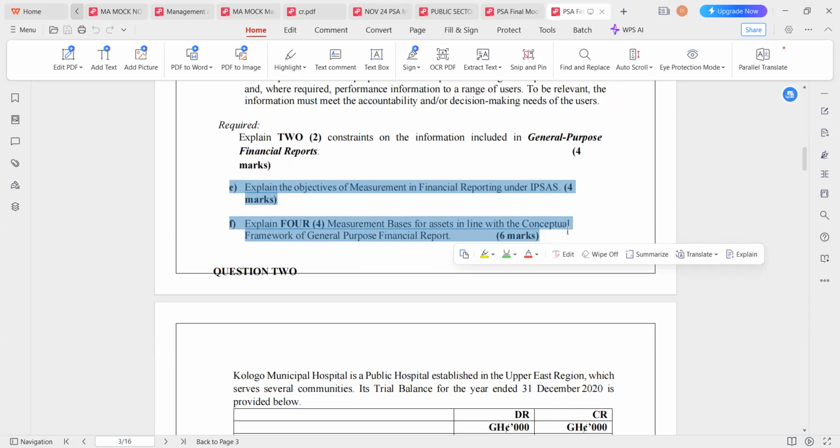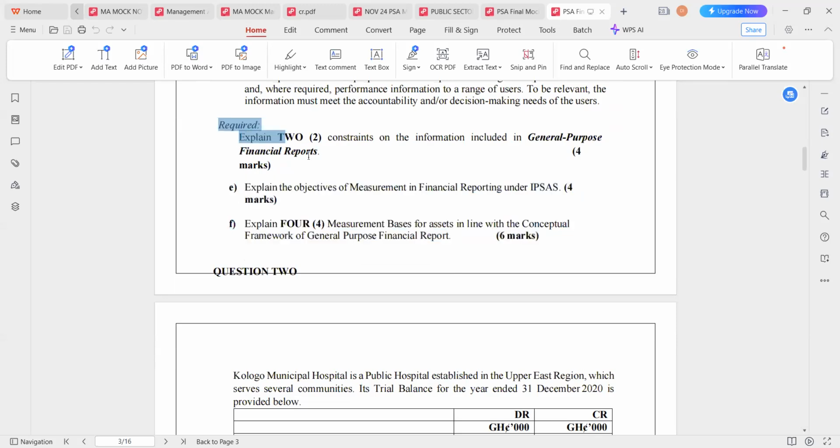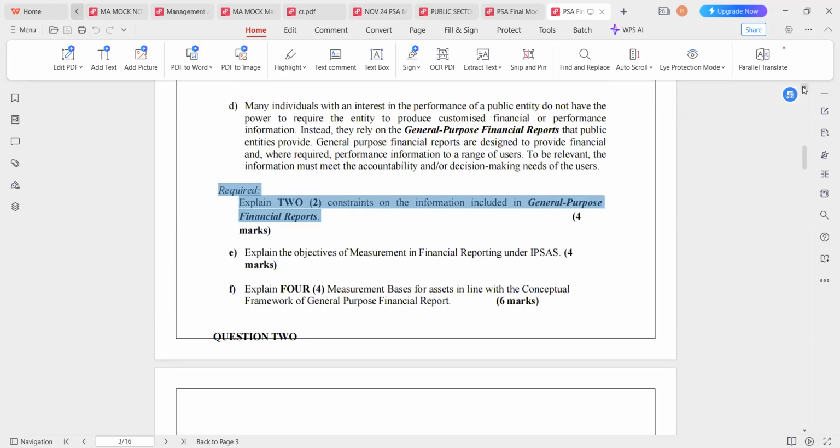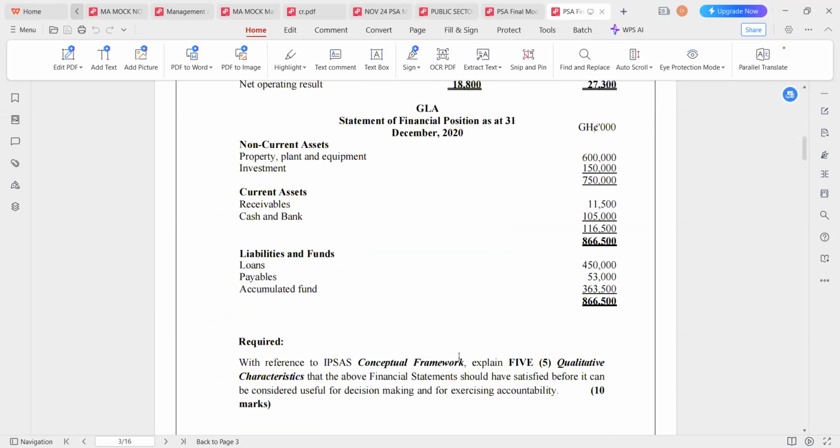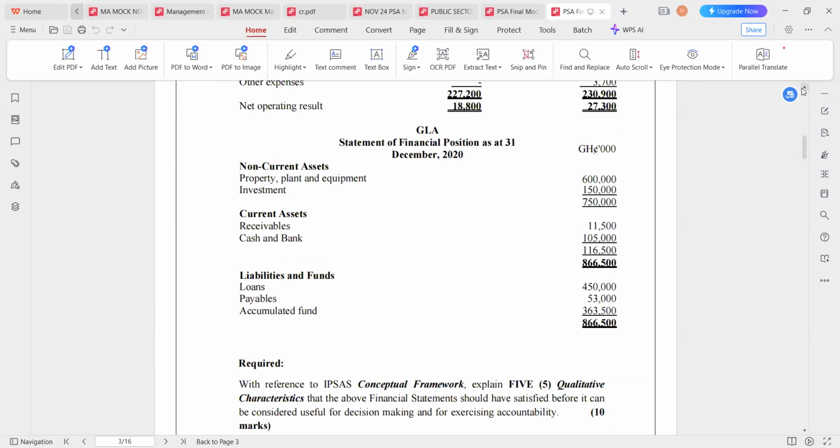So just the 2 limitations of general purpose financial statements, you are good to go. These are the issues you have to treat. That's all. I'm done with your question 1. If you have any question, ask. Once you go through what you've done, you are secure for your question 1.